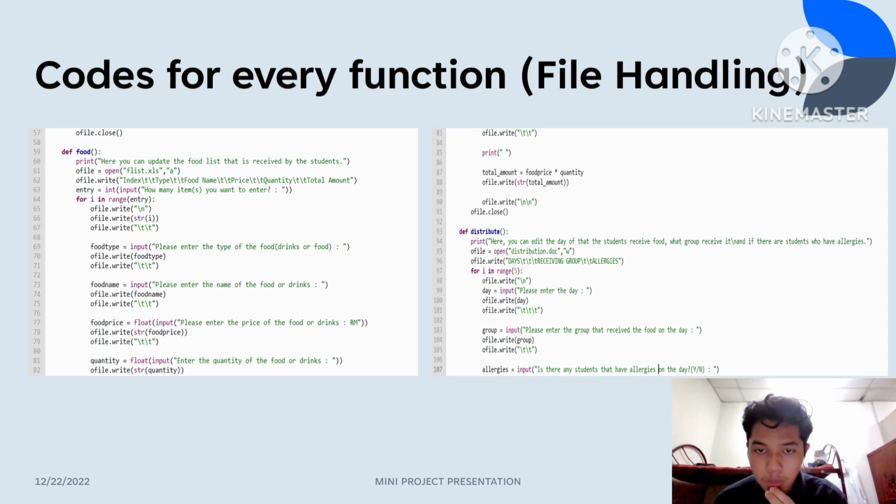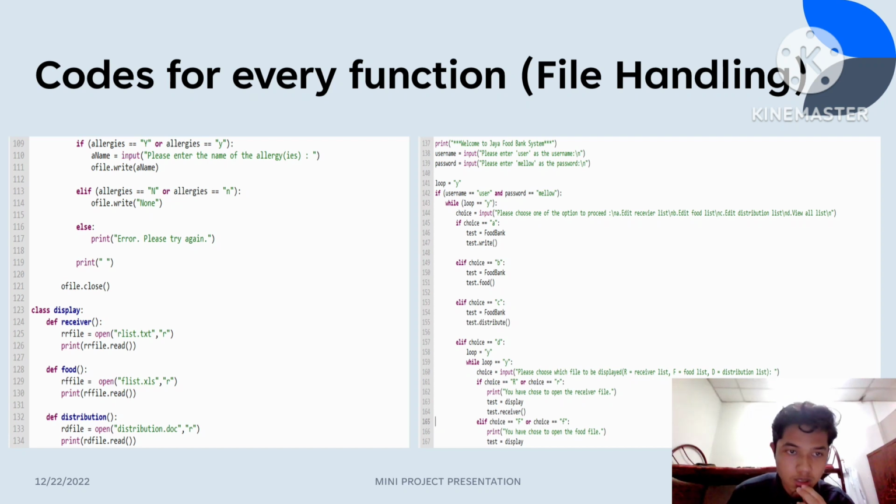And here we open the distribution.doc file, and its action is write. Then we also have a loop, which loops 5 times, and then we insert the data from user input by declaring its variable, and send the data by declaring file.write, then its variable name.